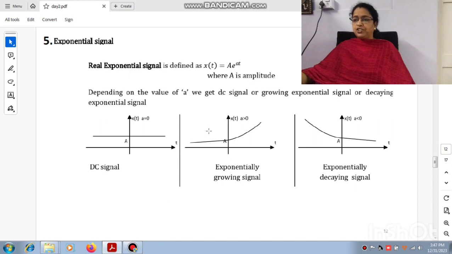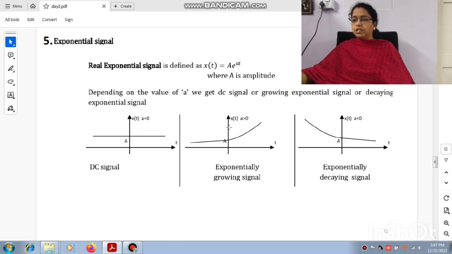And coming to the exponential signal here, the exponential signal can be represented by using this equation. x of t, A is nothing but the amplitude. So the exponential can be written as e power at. Based on that a value, the signals are represented here. If a equal to 0, that means it is a DC signal.